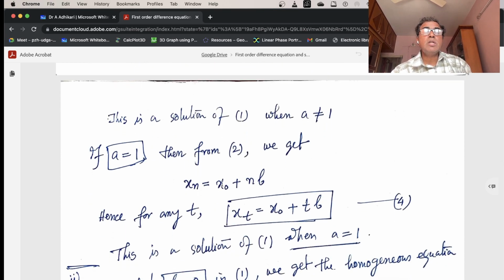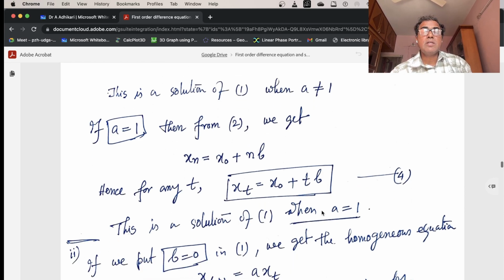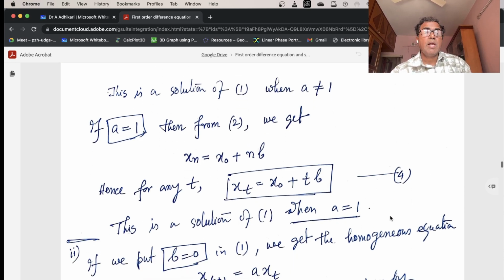So for any t, putting t in place of n, x_t equal to x0 plus t into b. This is the solution when a equal to 1.